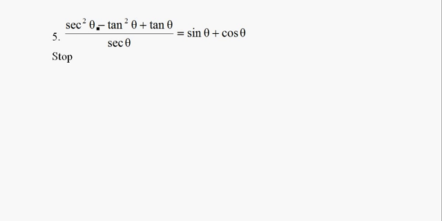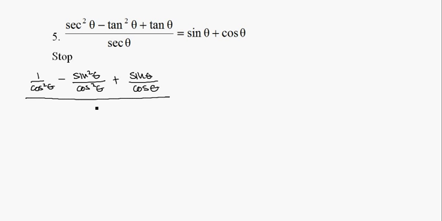Okay, so the easiest way is to change this into sines and cosines. So this is 1 over cosine squared theta minus sine squared theta over cosine squared theta plus sine theta over cosine theta, all over 1 over cosine theta. So I'm going to multiply the top and bottom by the common denominator of the numerator and denominator.